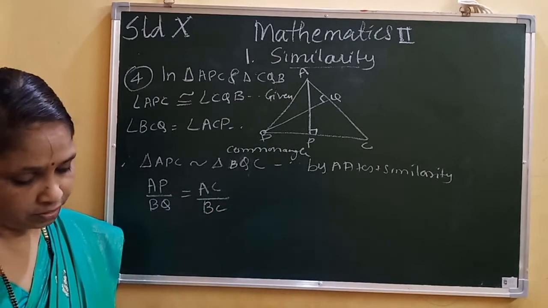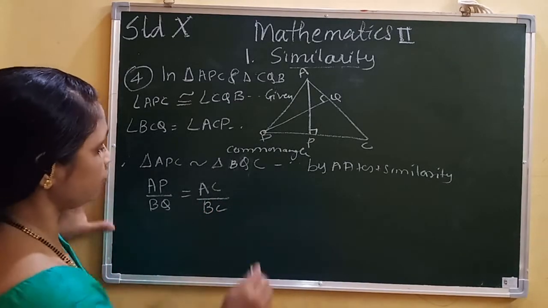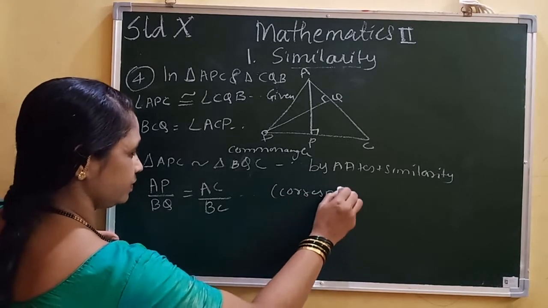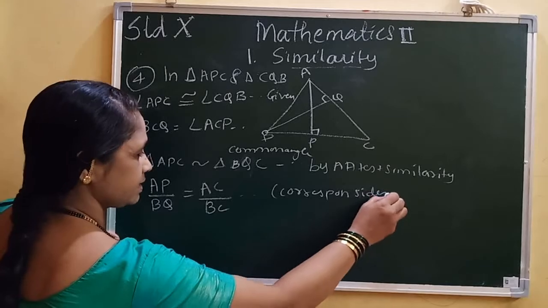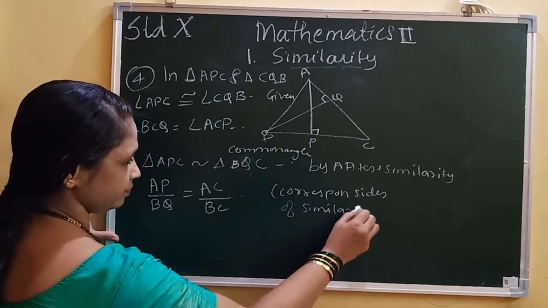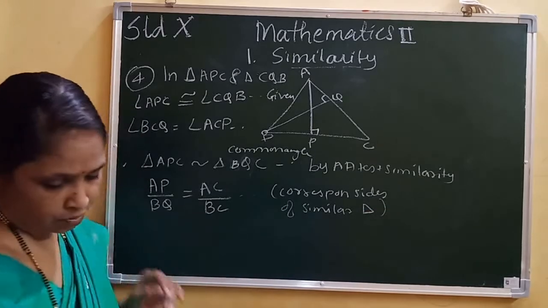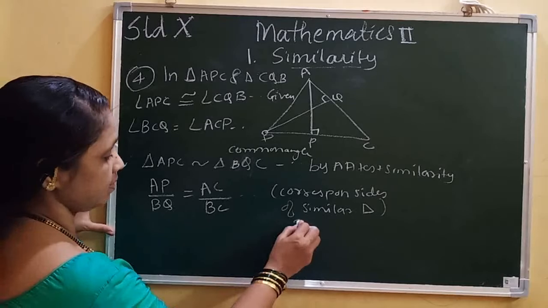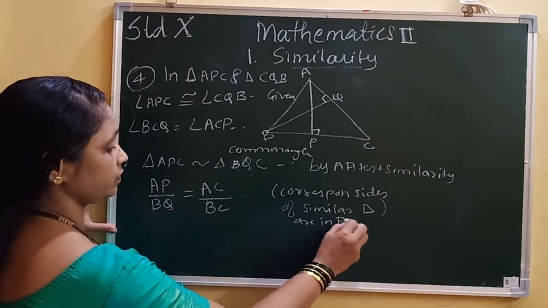These are corresponding sides of similar triangles, and corresponding sides of similar triangles are in proportion.